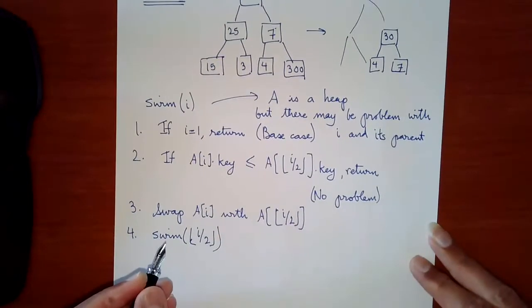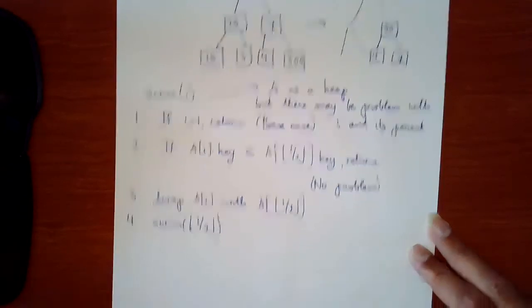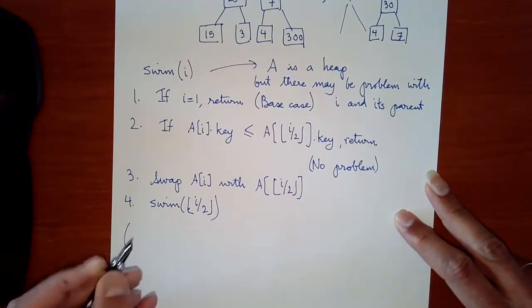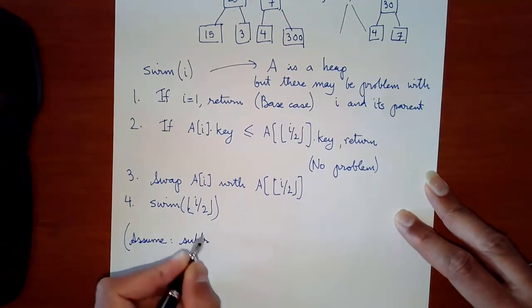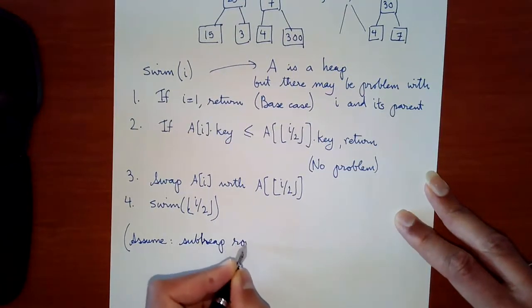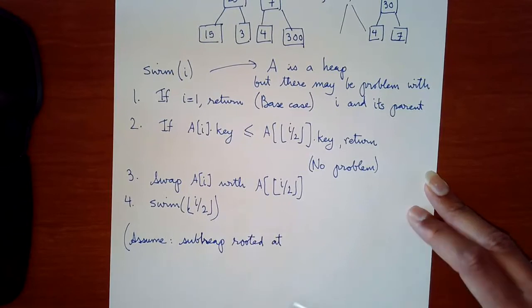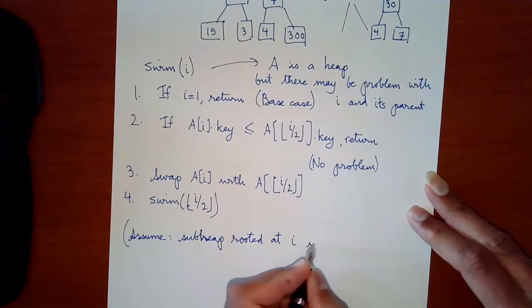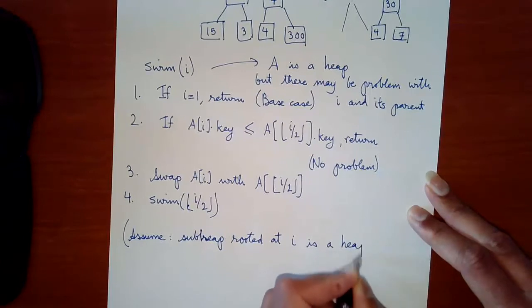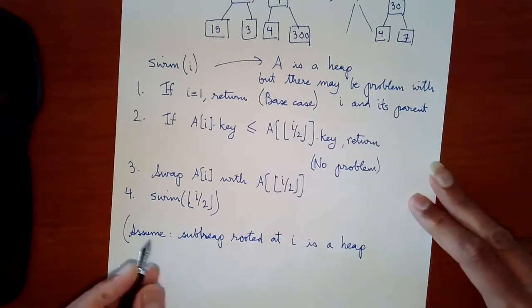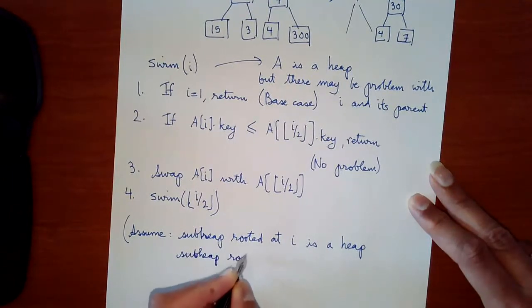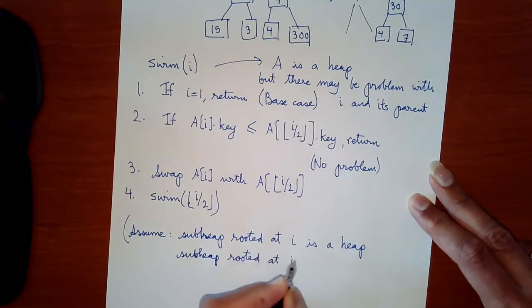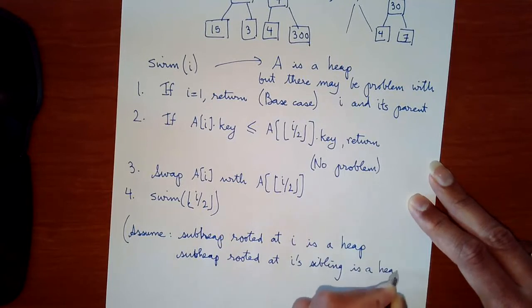Another way of interpreting this is that we'll assume that the subheap rooted at i is a heap, or the subtree is a heap. The subheap rooted at i's sibling is a heap.